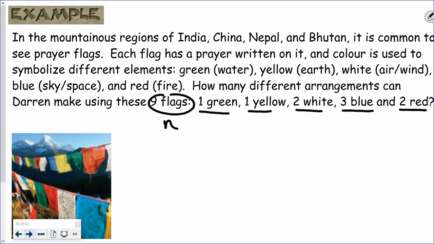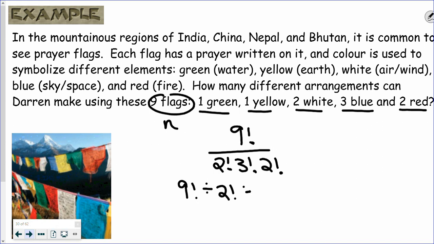Because there's 2 white, 3 blue, and 2 red that are identical, I have to use my new formula. I start with 9 factorial on the top because there's 9 objects. There's 2 white that repeat, 3 blue that repeat, and 2 red that repeat. Now you want to grab your calculator, and you can punch it in one of 2 ways. The first way is 9 factorial divided by 2 factorial divided by 3 factorial divided by 2 factorial.